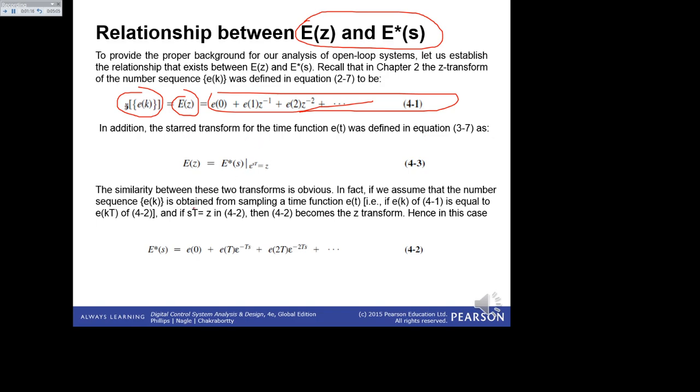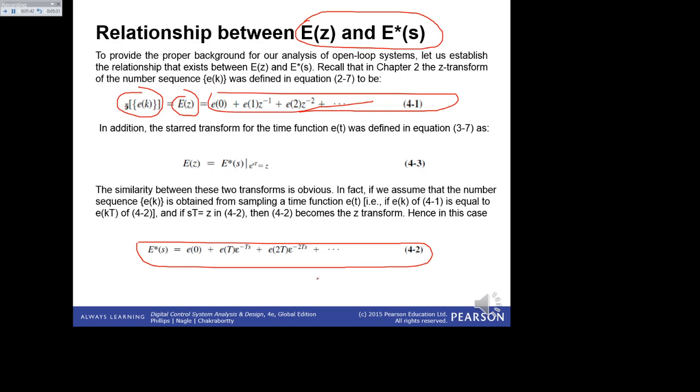And we all know the second equation, which is 4.2. When we pass any continuous time signal, either in the time domain e(t) or in the frequency domain E(s), through a sampler, it is going to be E*(s). So E*(s) will be in this form, 4.2.